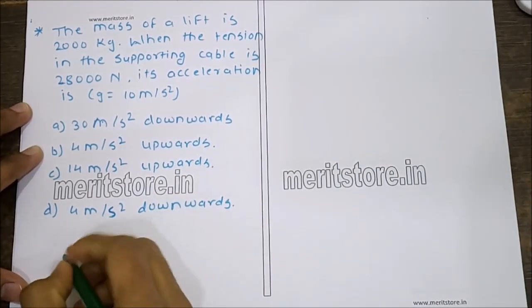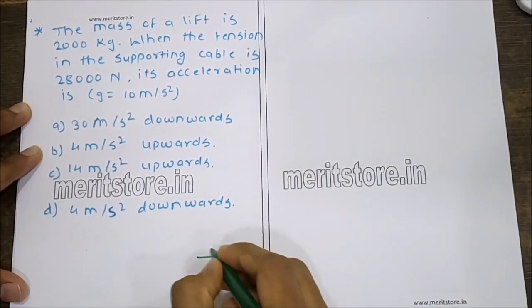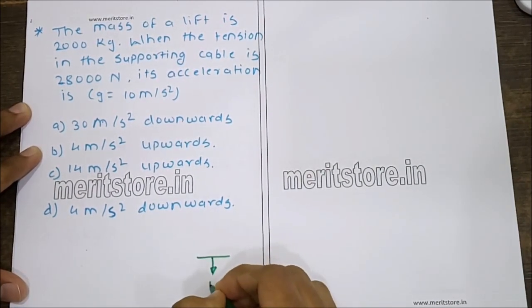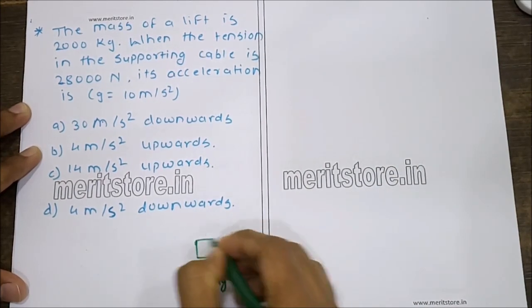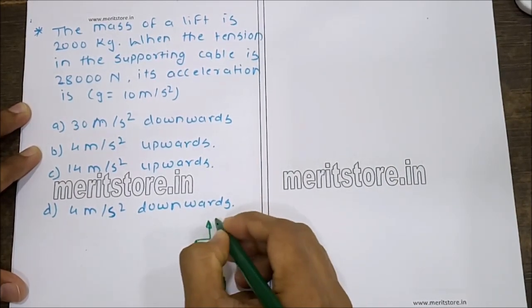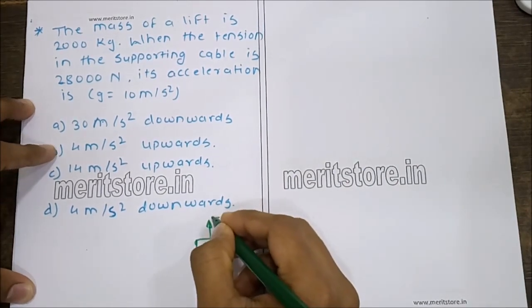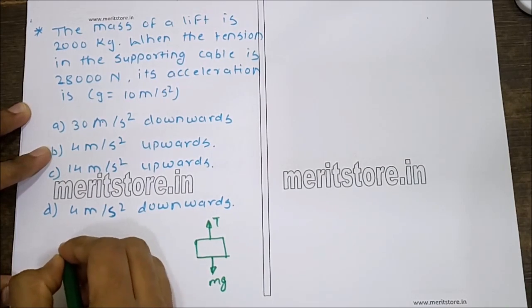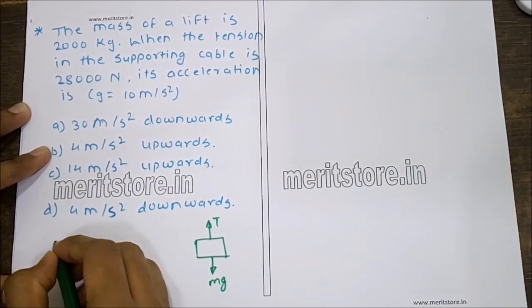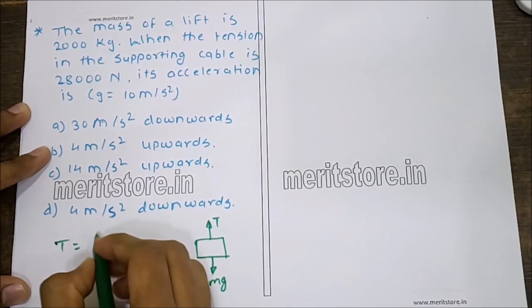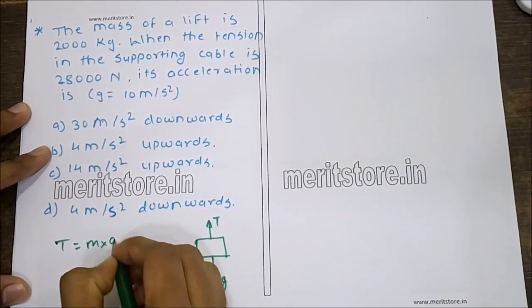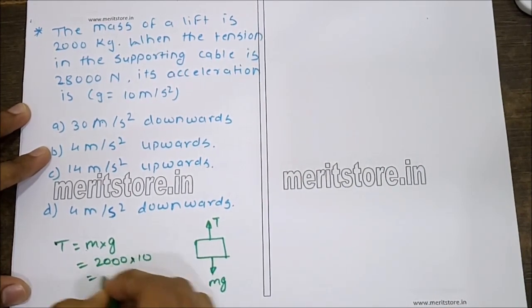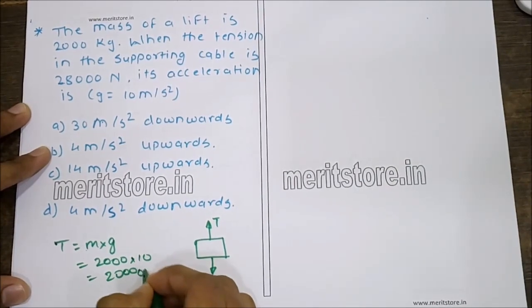Now, since the lift is moving, the forces acting on it are mg, that is the weight of the lift, and the supporting cable tension with a force T. When the lift is at rest, the supporting cable has a tension T equal to the mass of the lift into acceleration due to gravity, that is 2000 kg into 10, that is 20,000 newtons.